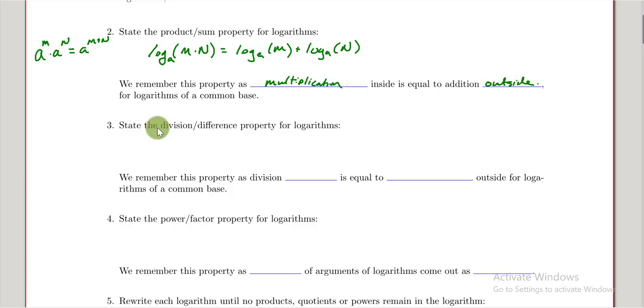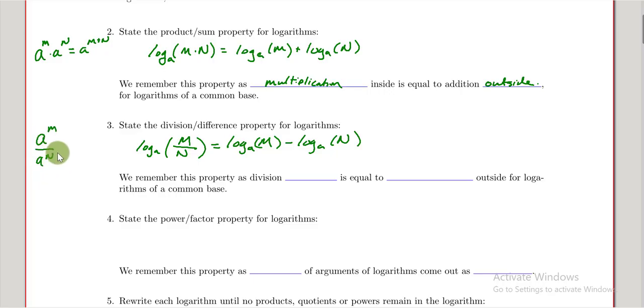Okay. Let's do the same thing with a division or difference problem. If we have the log base a of m divided by n, that's equal to the log base a of m minus the log base a of n. And again, this seems reminiscent of, or sort of an analog to, our properties of exponents, where a to the m divided by a to the n is equal to a to the m minus n.